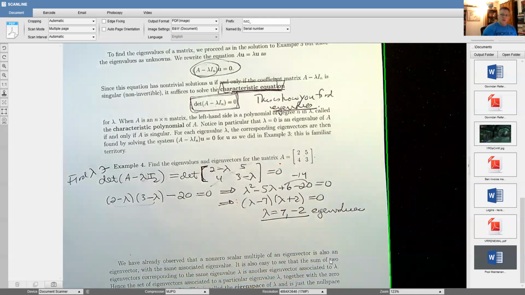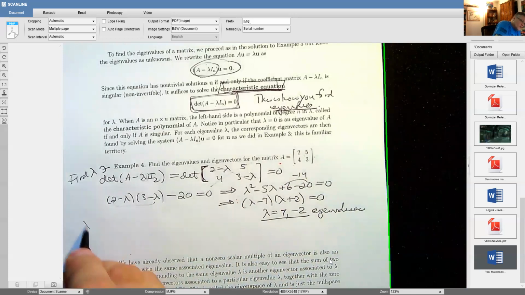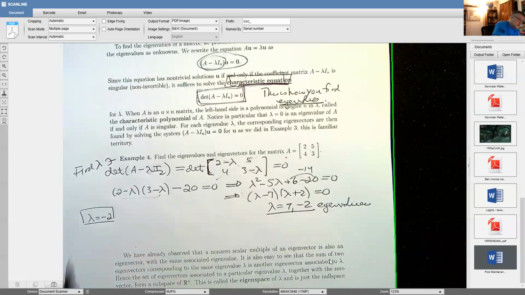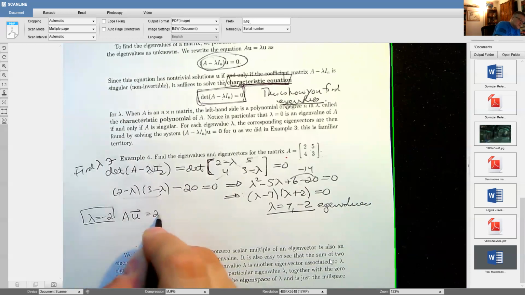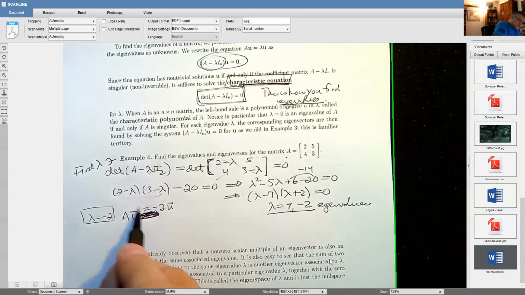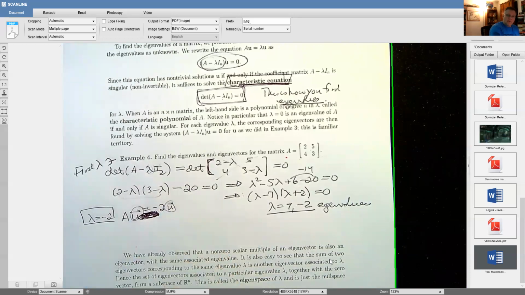Now, all you have to do to find the eigenvectors, you do it one by one. So if lambda is minus 2, the eigenvector or the eigenvectors are the solutions to A u equals minus 2u. So the u is what you're trying to find here.